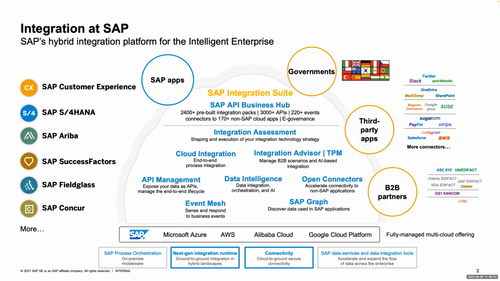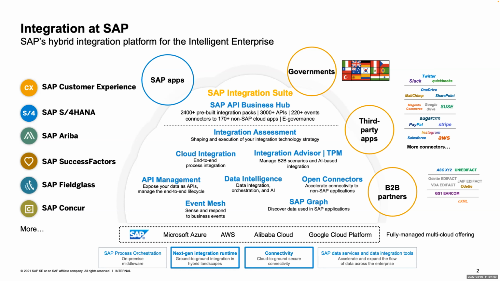So this is a very powerful tool, especially in the context of digital transformation, because we all know how APIs are very critical for digitally transforming your integration landscape, right? And that is where API management plays a very key role.